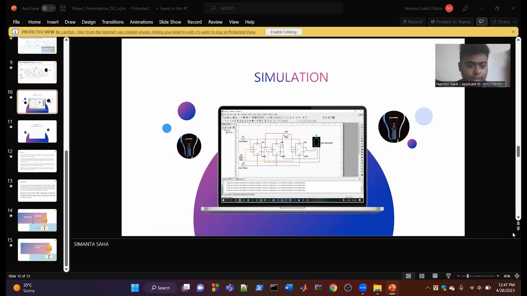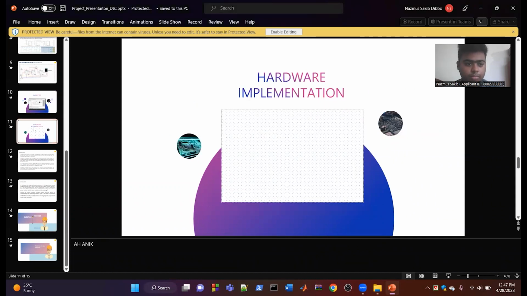See the slide. So basically our group member described this simulation part by part, and this is our final part of the software presentation in our project. So the next slide. So this is mainly our hardware implementation.